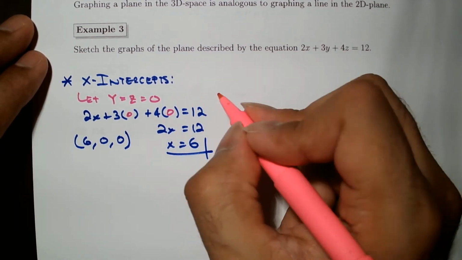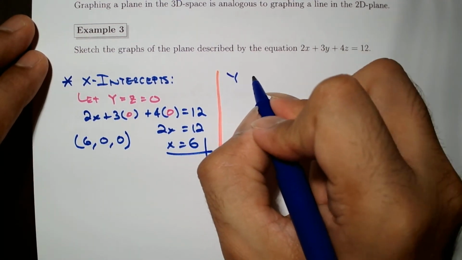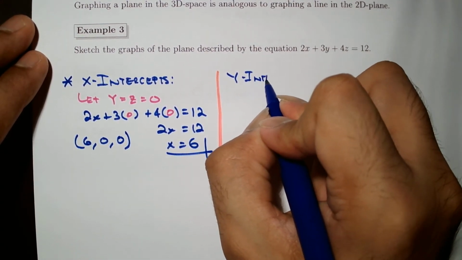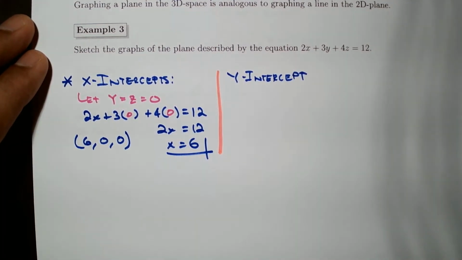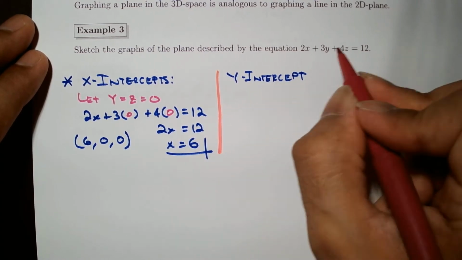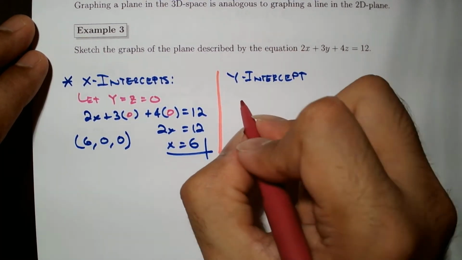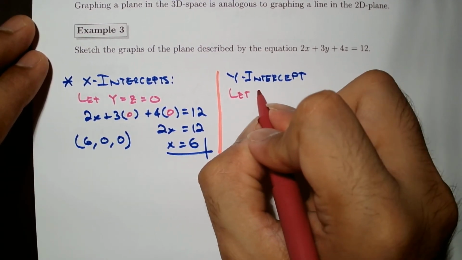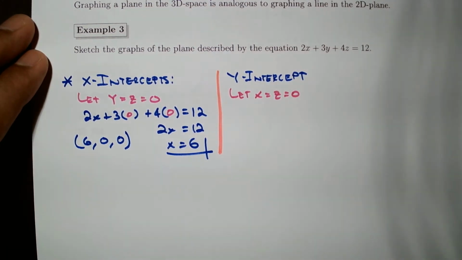Let us now find the y-intercept. We're going to take a very similar approach, but since I want the y-intercept, I'm going to set x and z equal to 0.